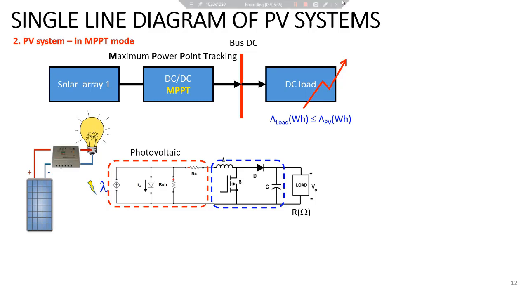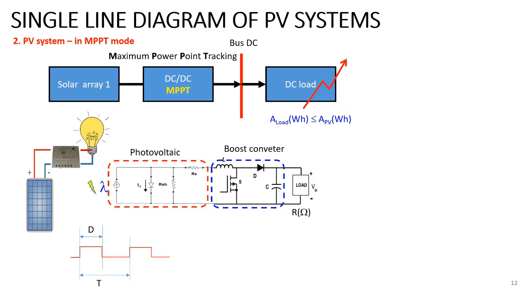So in this case, let us use here the boost converter, which is necessary to magnify the output voltage, and then the achieved maximum output power will be inverted to feed the load.